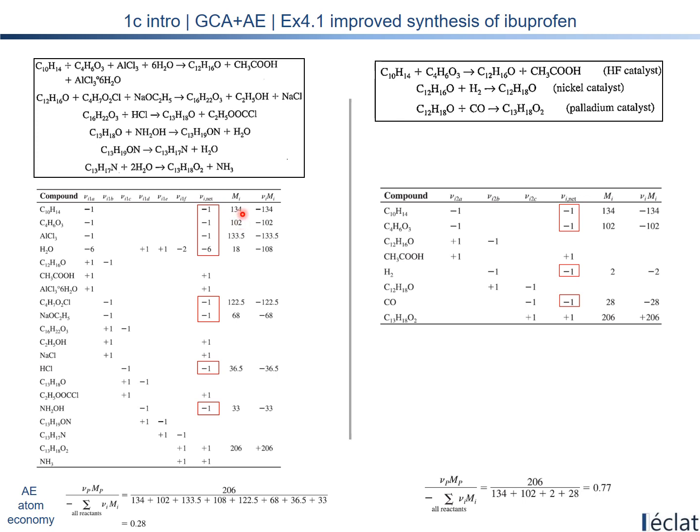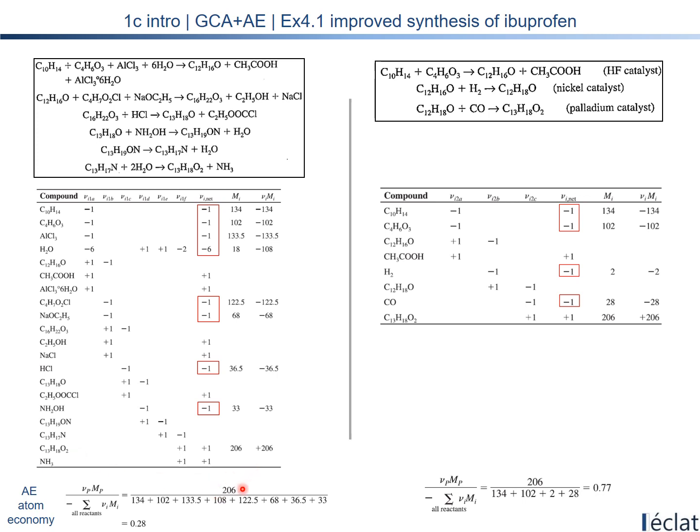Let me calculate the atom economy. Atom economy is defined as the product per reactant in terms of the mass. So in the numerator you can find 206, because ibuprofen is the desired product.